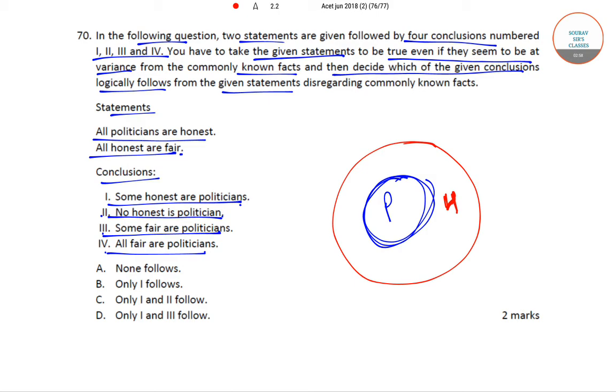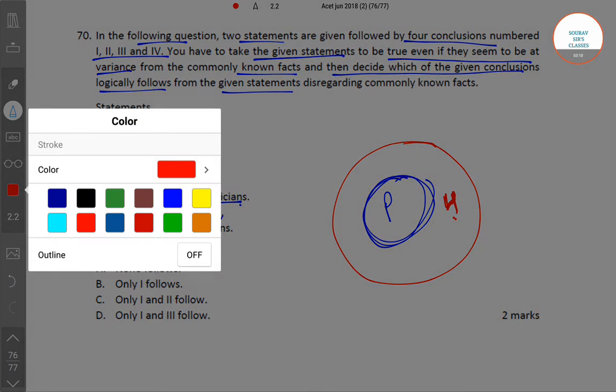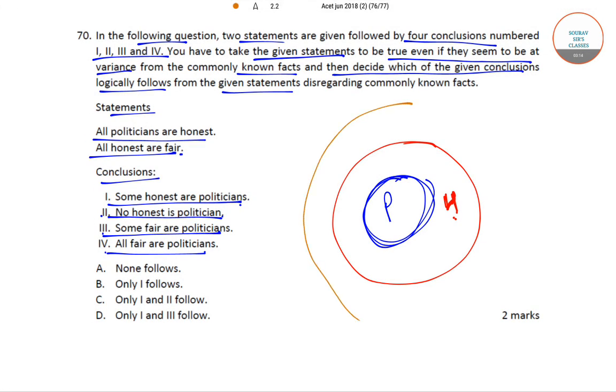Since all politicians are honest, honest people would always contain politicians, all politicians, and then all honest are fair. So let this be fair. So again, all honest are fair.